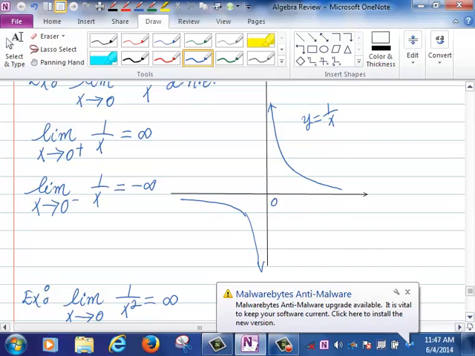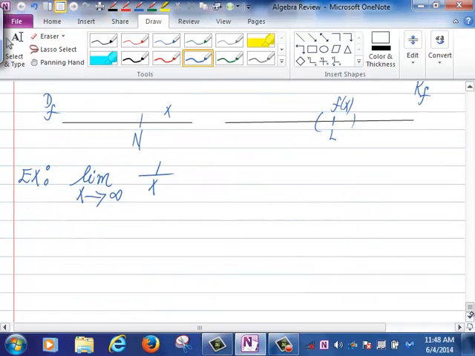Am I making sense? Think about dividing 1. What is 1 divided by negative 1,000? Negative 0.001, right?